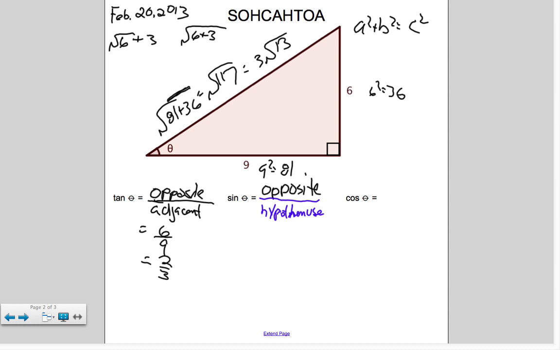Okay? So that ratio for theta will always be the same because due to our similar triangles. So same idea with the tangent, now we're just doing sine. So it's not, wow, we made it a word. Tricky. Okay? So here, what's the opposite side of theta? 6.